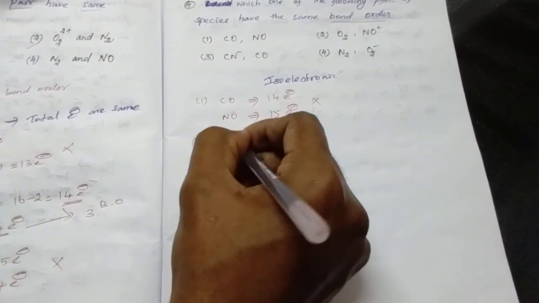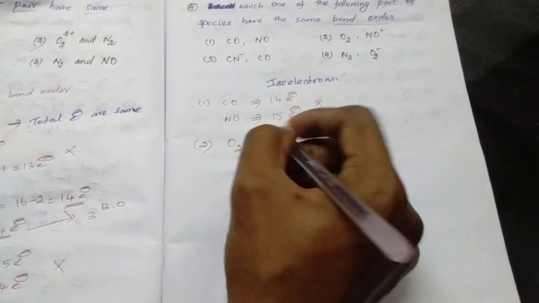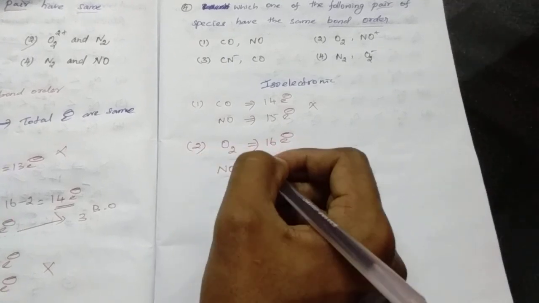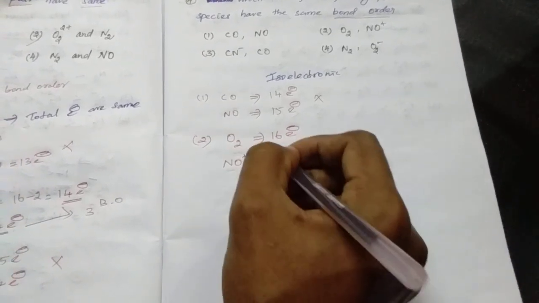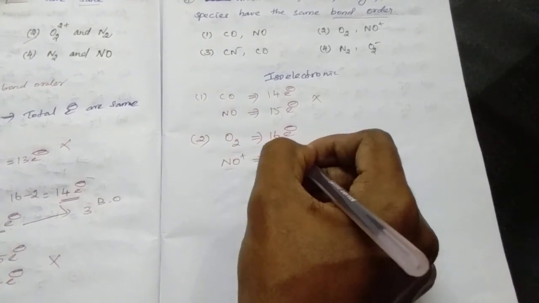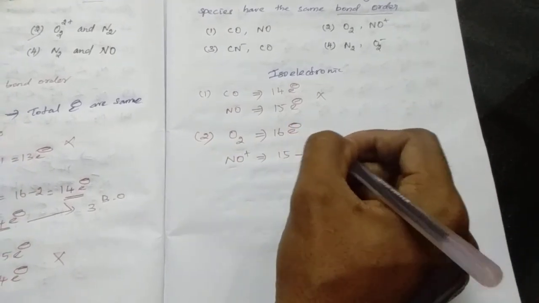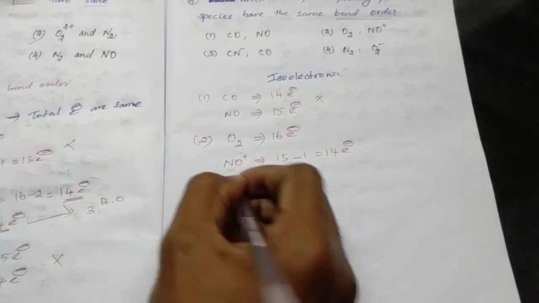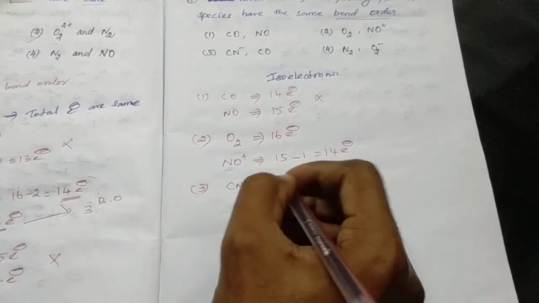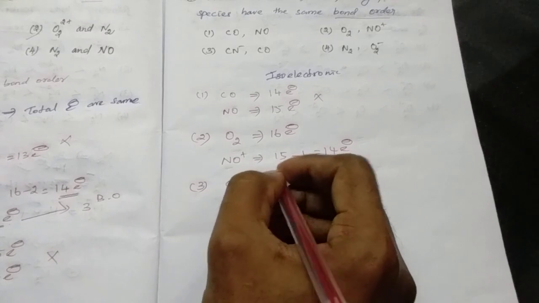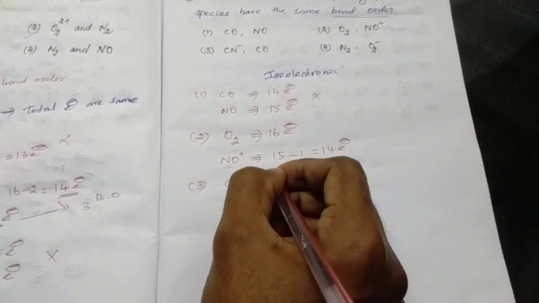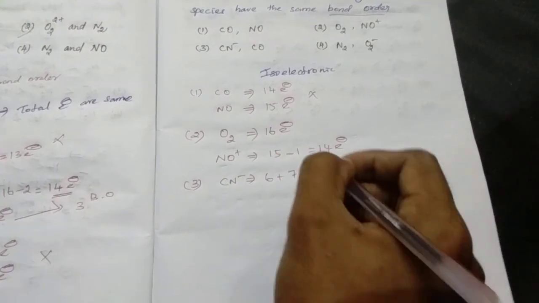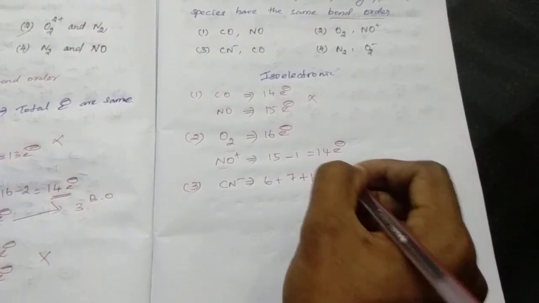Then option 2, O2. Total electrons for oxygen is 16. NO plus, we can calculate 15 minus 1 because of the plus 1, so 14 electrons. Option 3, CN minus: carbon 6, nitrogen 7, negative charge so plus 1, so 7 plus 7, 14 electrons.